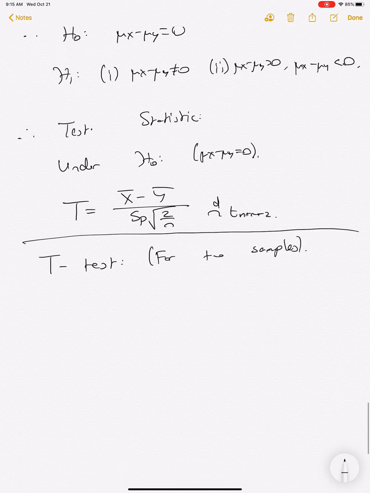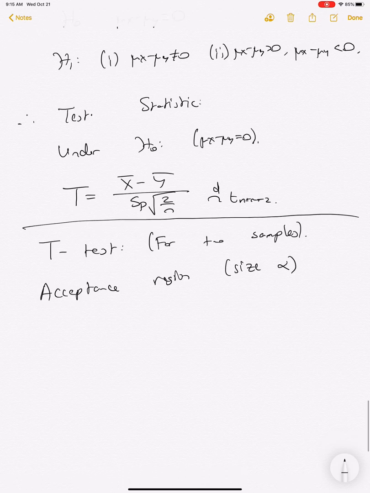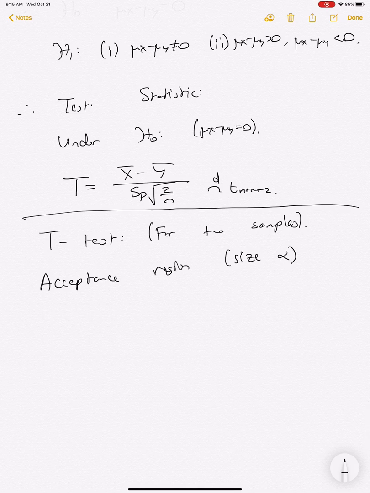Okay, and so what we have there is that if we think about the acceptance region, here the size is alpha, then we get that under the first alternative, which is two-sided, we're going to have t is in negative t n plus m minus 2 alpha.